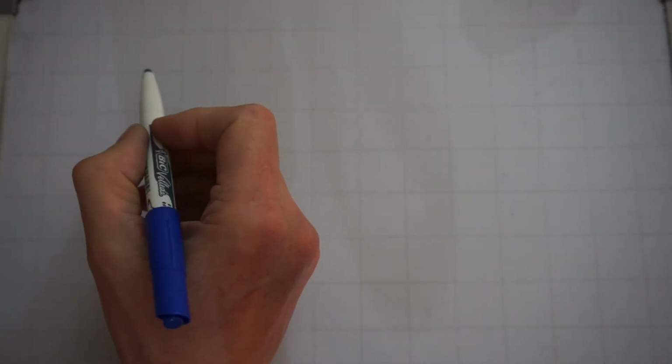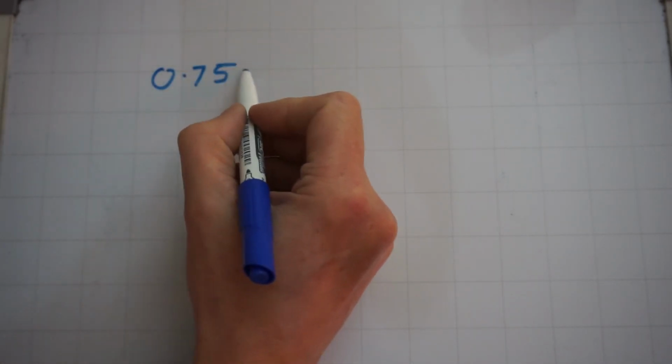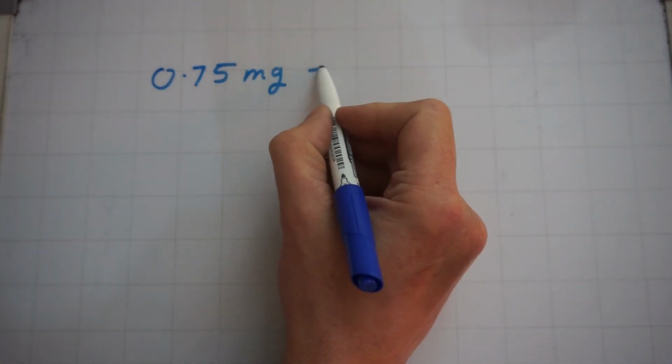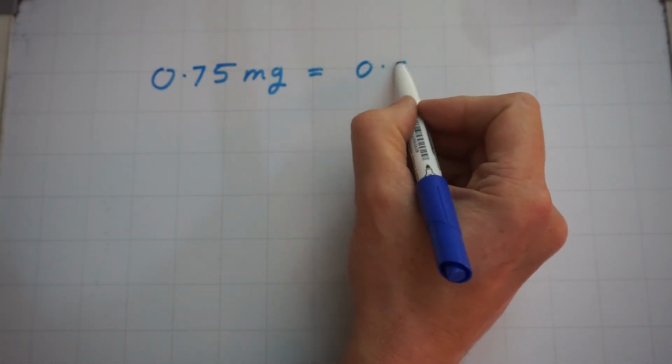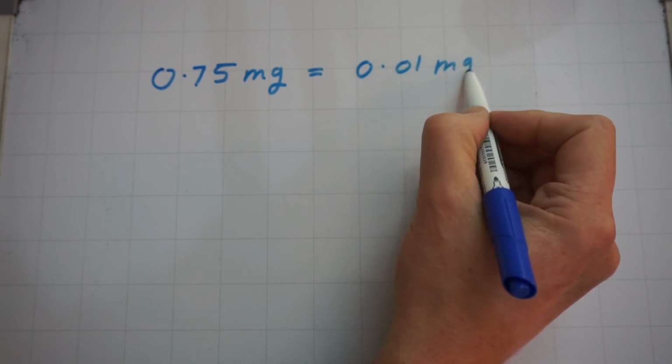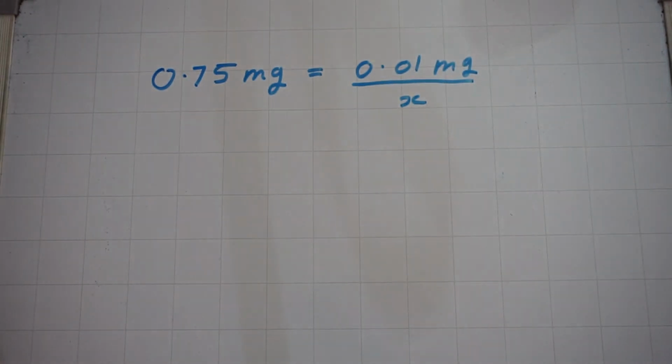When the two values of P are equal, the rubber will be on the point of trying to decide whether to topple or to slide. So if we take our two values from our earlier equation, we had 0.75 mg, that's the value of P for sliding, and we've got 0.01 mg over X, that's the value of P for toppling.